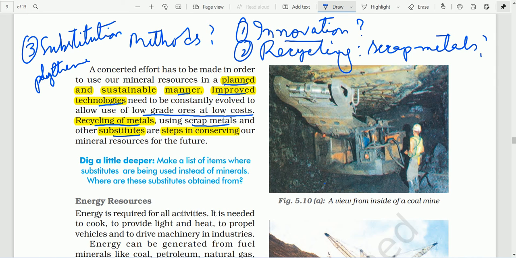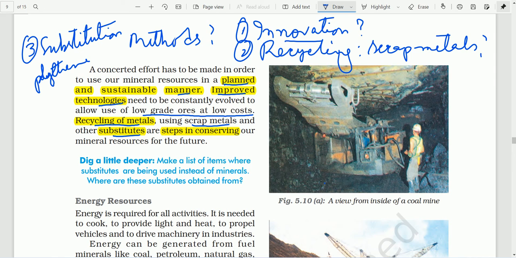Likewise, whenever possible, we may substitute the use of mineral resources by other materials, maybe wood, plastics, polythene, or any other material that can be substituted. So these are the three important methods of conserving mineral resources.